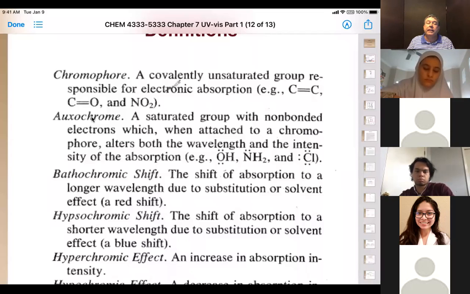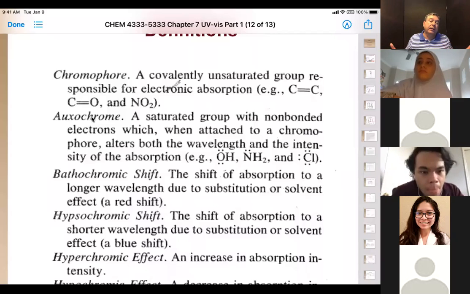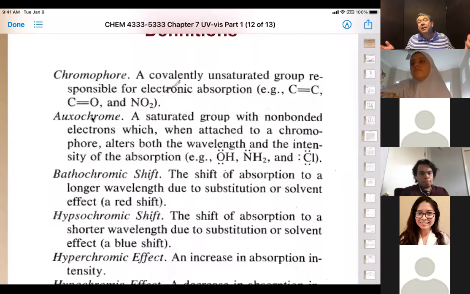Anything with a double bond in it gives rise to the idea that we can absorb a pi to pi star transition or an n to pi star transition at a wavelength within the UV-Vis spectrum. So that is what a chromophore is. Just imagine anything that is conjugated or has a double bond in it can possibly be a chromophore.